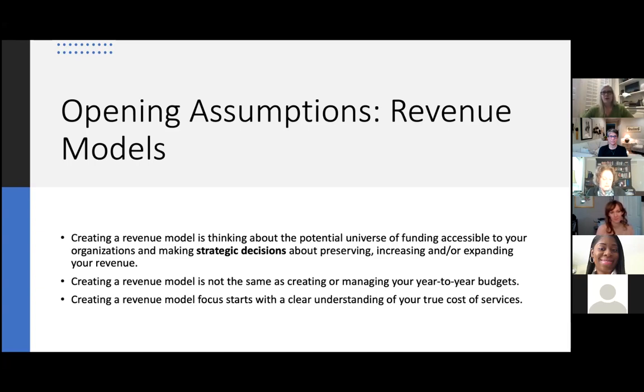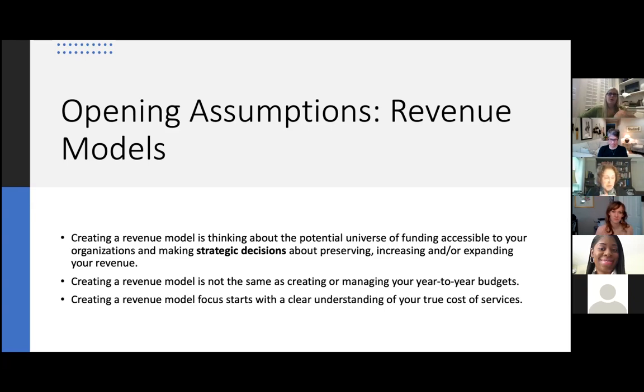In our cohort SharePoint site, we're going to put that research along with some common revenue models that'll help you dig a little bit deeper and think about the different kinds of revenue models and typical types of nonprofits that go after them.